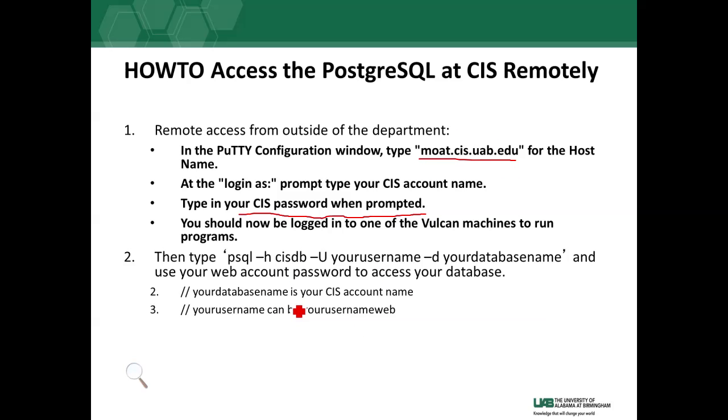Then you need to connect to your database using one of your usernames. It's required that all of your database projects are developed under your web user account. So always use your web user account for all of your assignments and projects.